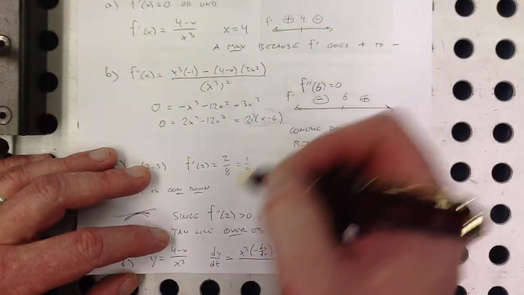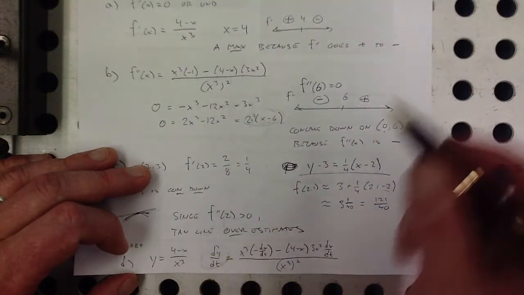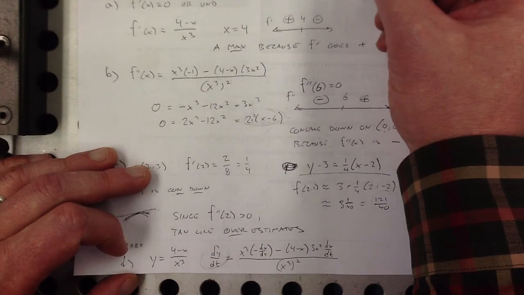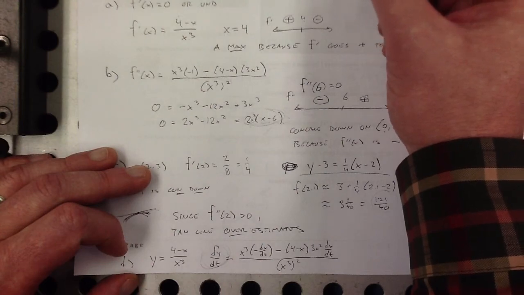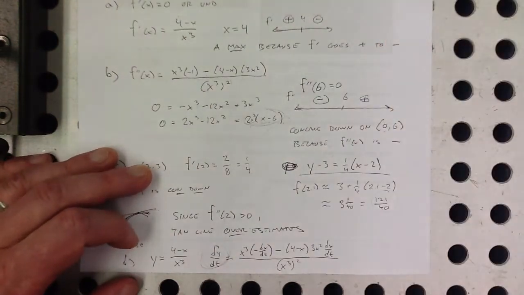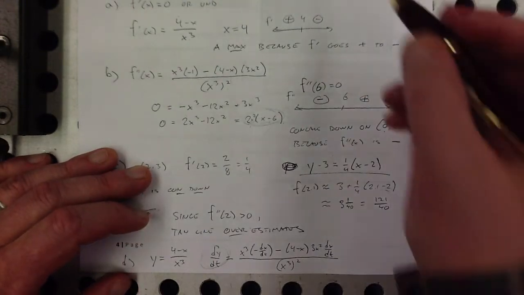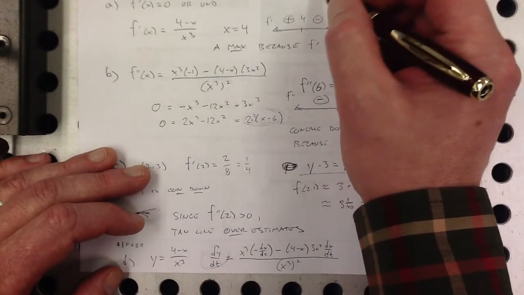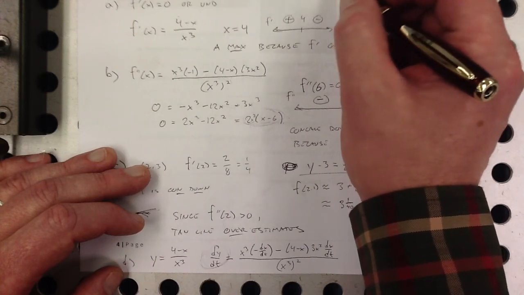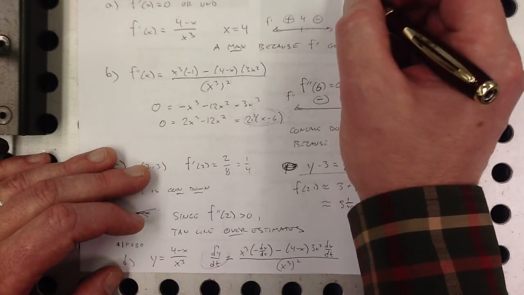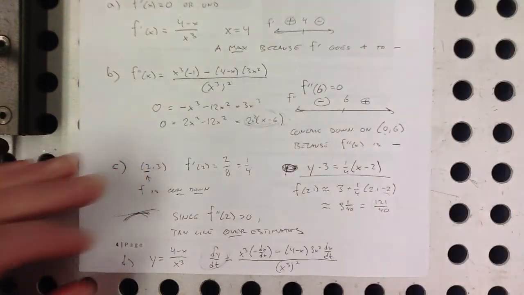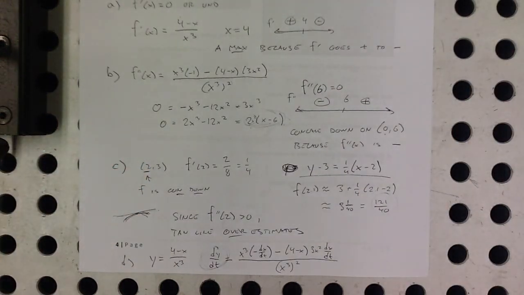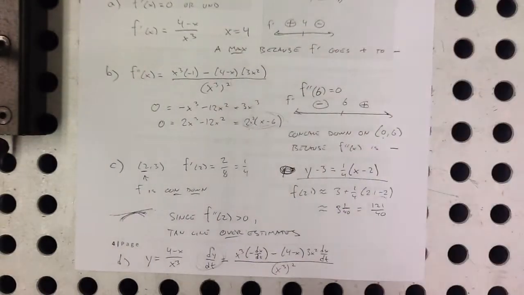And then if I can find dy dt, that would be the upward part. And then if I find this, that's like the Pythagorean theorem on those. That's the actual speed that it's moving.